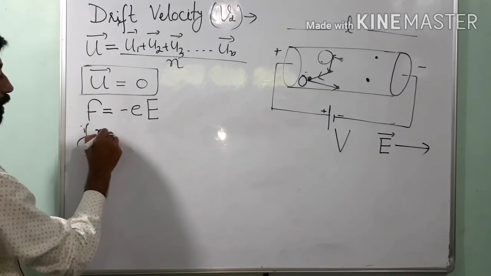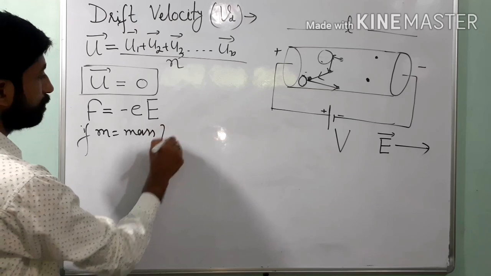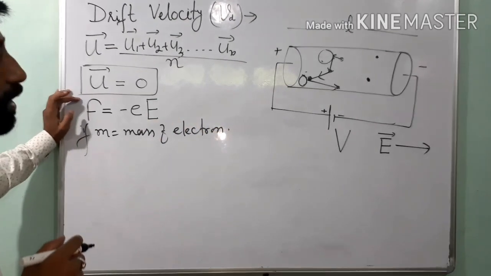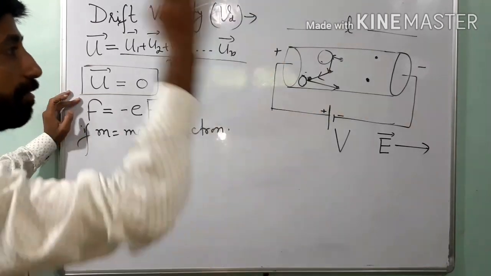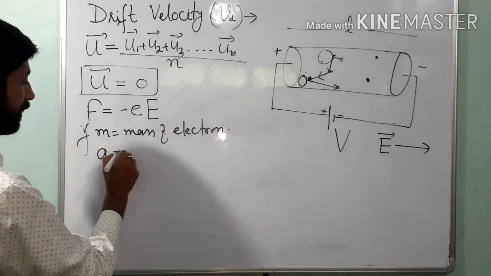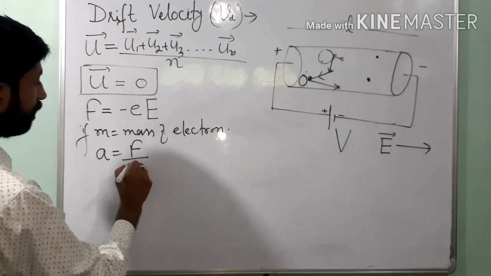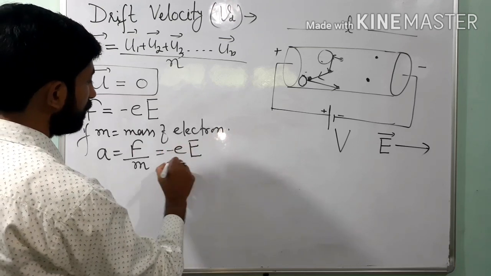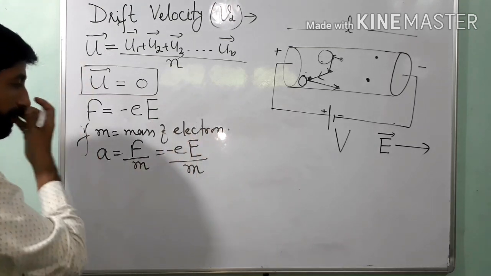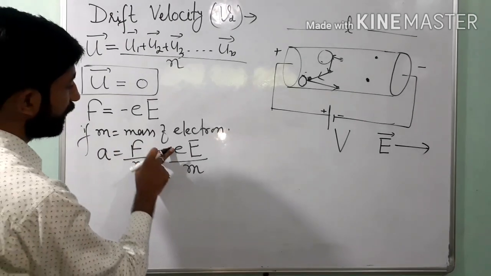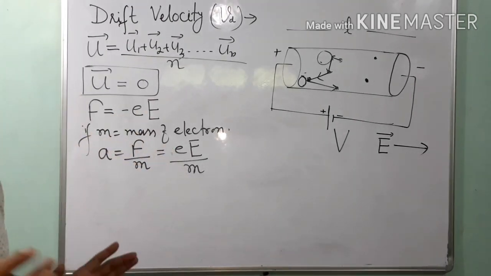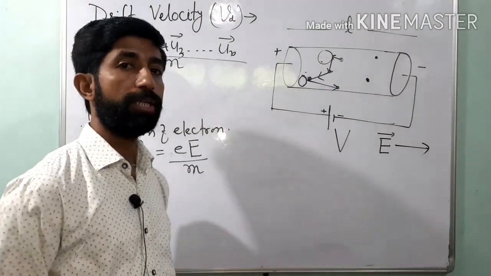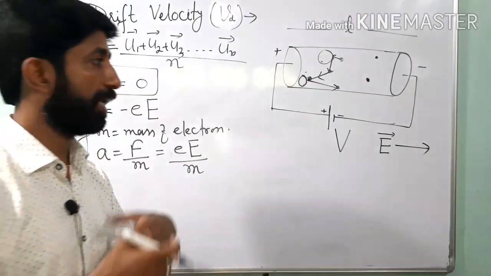If m is the mass of the electron, due to this force electrons will be accelerated until the next collision. The acceleration is given by Newton's second law, force over mass, that is minus eE over m. Here I would like to remove the negative sign, because it already makes sense that electrons are moving in this direction, so we will consider only the magnitude of the force and acceleration.